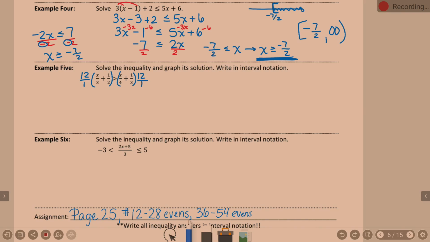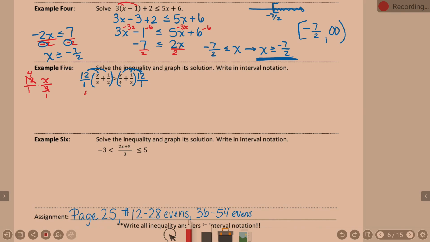I'm going to think of 12 as a fraction, 12 over 1, and my 12 is going to distribute. Now, this is where my generation and your generation aren't the same in how we've been taught. I think of 12 over 1 times x over 3, and I cross cancel. 3 divided by 3 is 1. 12 divided by 3 is 4.